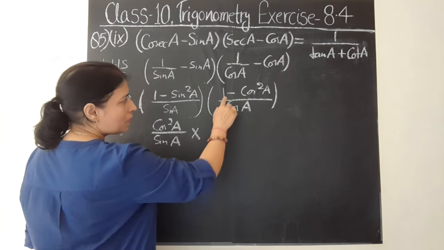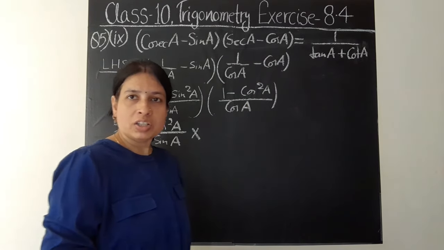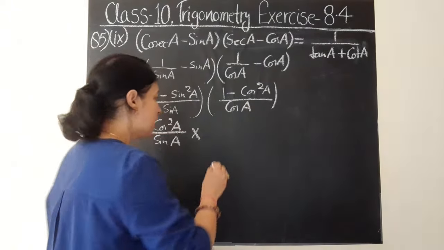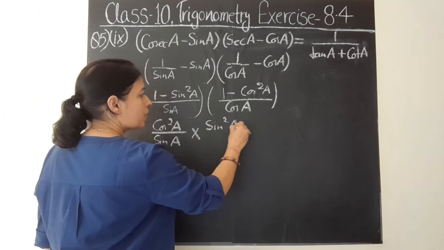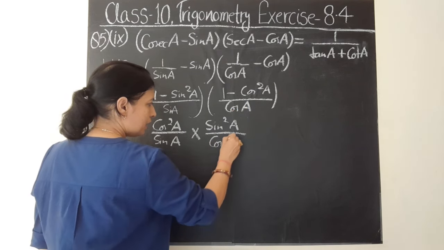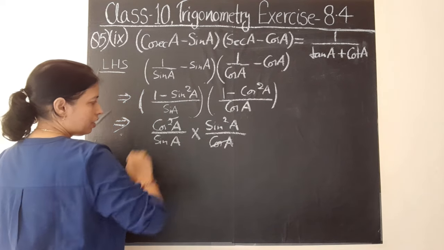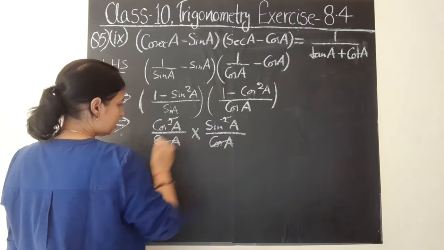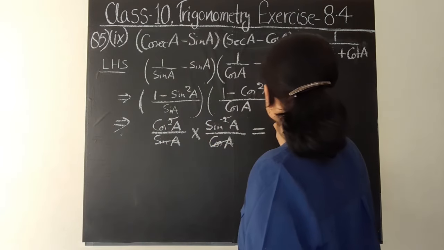Write here sign of multiplication. Here it is 1 minus cos square A. 1 minus cos square A is equal to sin square A. So write here sin square A divided by cos A. Here it will be: this cos A will cut and this sin A will cut. So you will get cos A into sin A.